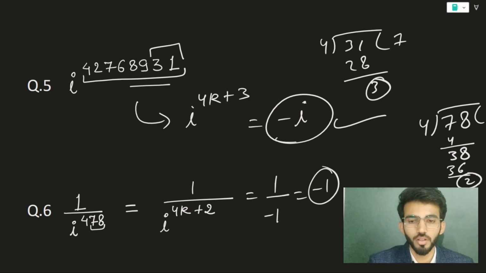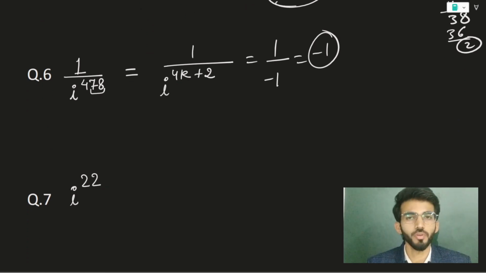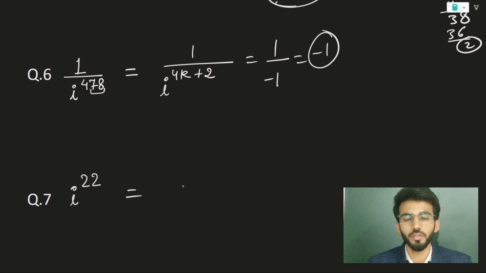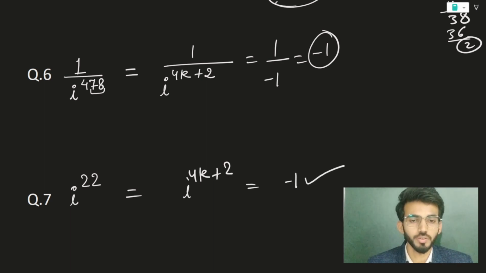Right? Okay. And i to the power 22. This is a very, very simple question. Anyone can solve this. You divide it by 4, you will get the remainder 2. So i to the power 4k plus 2, hence i square is minus 1. This is how you can solve very difficult questions in just seconds by these tricks with the help of iota.